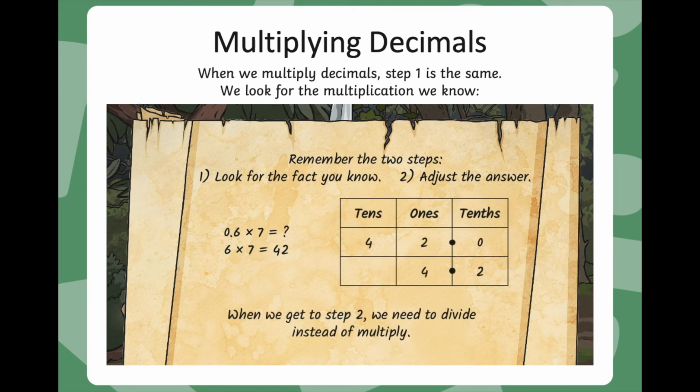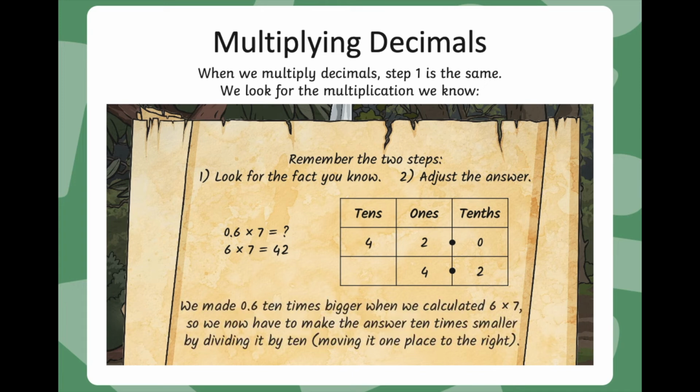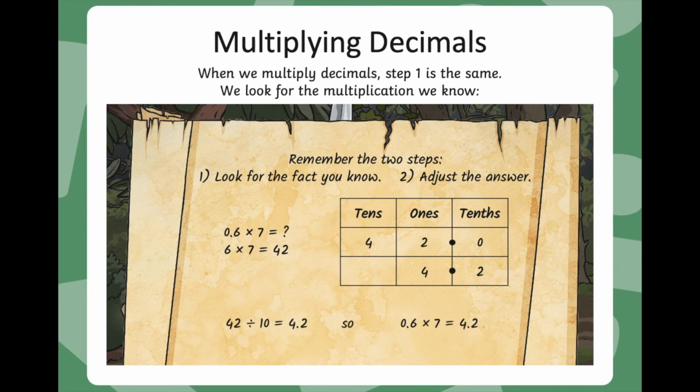When we get to step 2, we need to divide instead of multiply. We made 0.6 10 times bigger when we calculated 6 times 7, so we now have to make the answer 10 times smaller by dividing it by 10 and moving it one place to the right. 42 divided by 10 equals 4.2, so 0.6 times 7 equals 4.2.